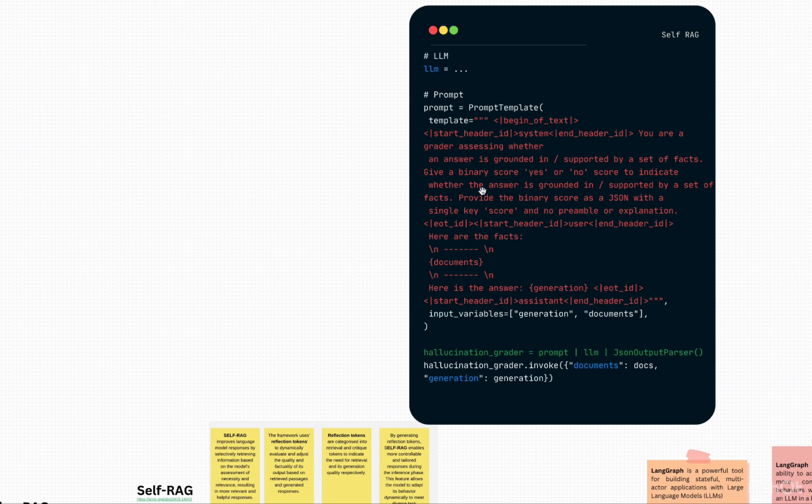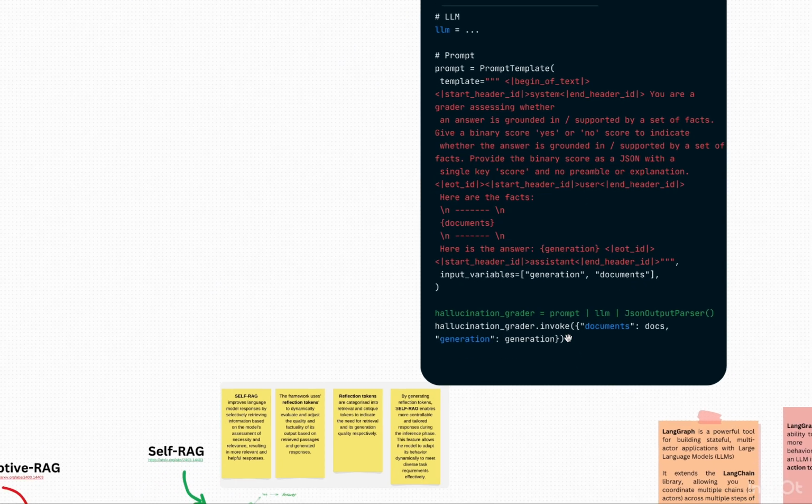So also we use an LLM. We will use this prompt template, and it also will provide a binary score. And here is a JSON format. We will tell it: this is the document and this is the generation. We have the parser to get the answer.